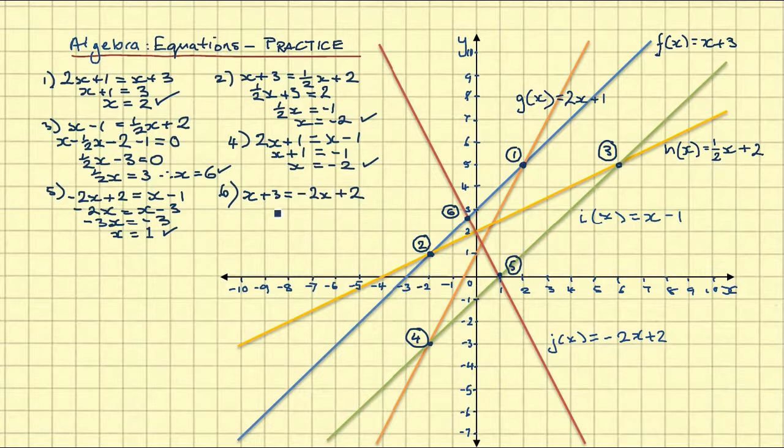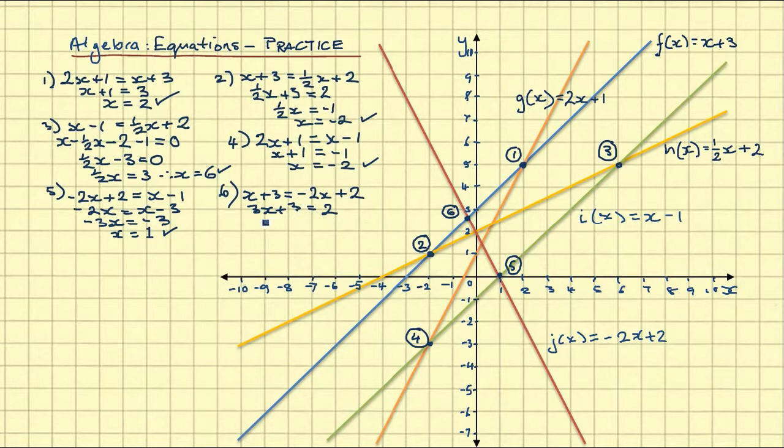Okay, so I'm just going to straight away get rid of this minus 2x by adding 2x to both sides. So we've got x plus 2x giving us 3x plus 3 on the left hand side, and that eliminates the minus 2x, leaving us just with 2.